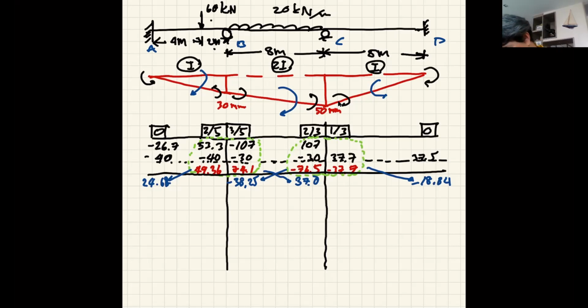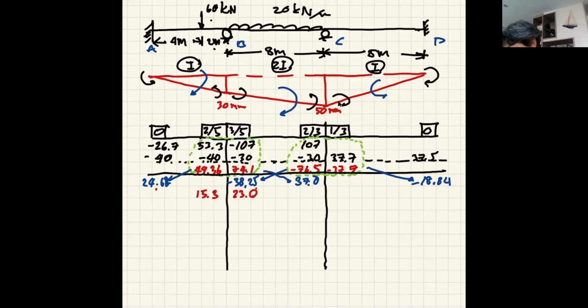So now you have your second cycle that you need to balance, and the same procedure will begin again. This you don't have to balance because it's already at the fixed support. You have to balance minus 38.25, and we have the 15.3 here, and let's say 23.0.